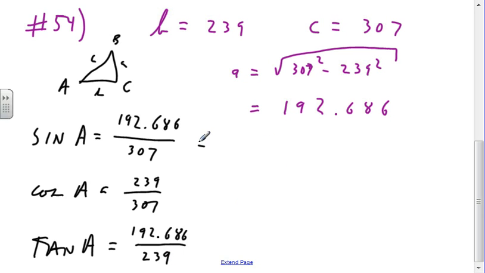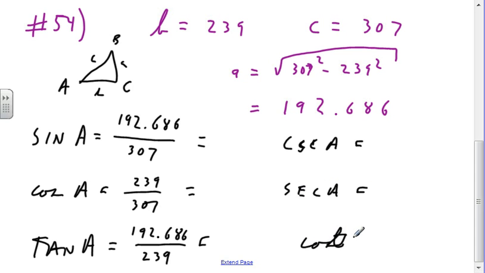Okay, so those are numbers we're going to want, and we're going to say the cosecant of A is equal to something, the secant of A is equal to something, and the cotangent of A is equal to something, because once I get the sine, all I have to do is go 1 over that guy and I get the other guy, so I'm just going to write him down.